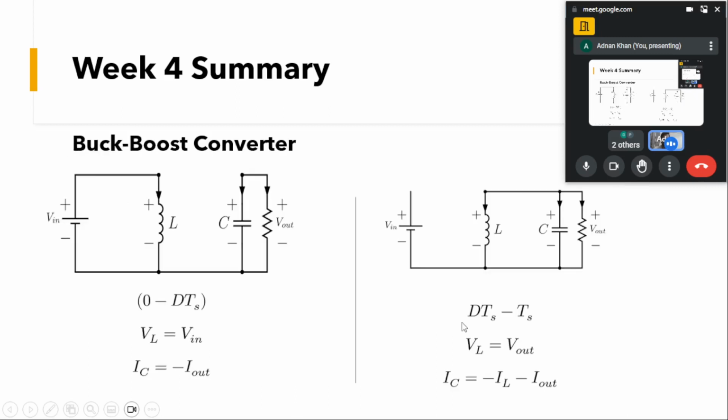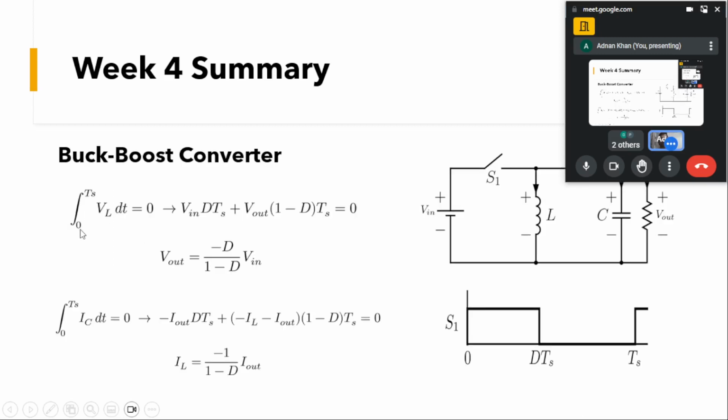That is why we were interested in finding the voltages and currents across the inductor and the capacitor in different time durations. Applying this, for 0 to TS, VL dt, we know VL is equal to V in for DTS time, and VL is equal to V out for 1 minus D times TS.